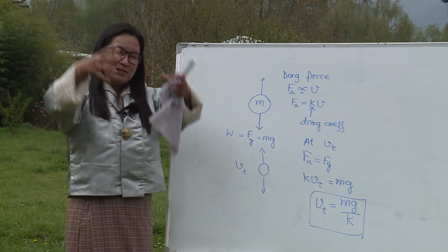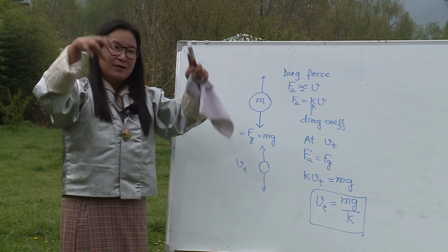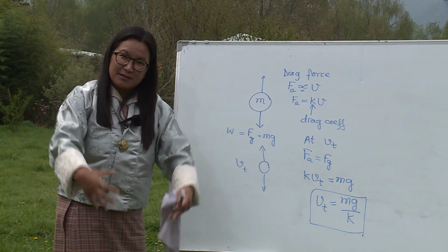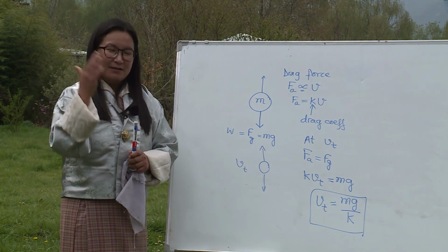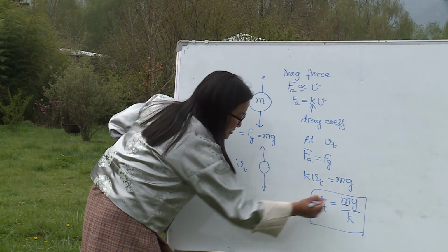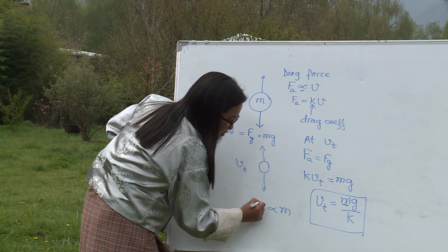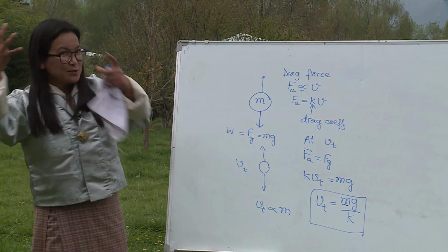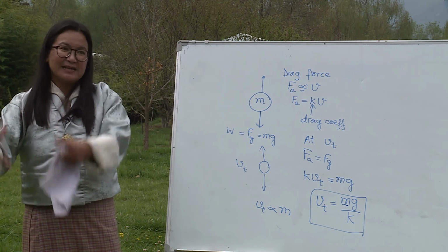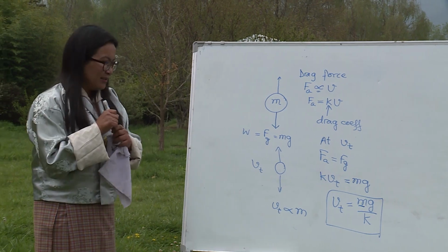If these two balls are dropped from the same height at the same time, which one will reach the ground faster? Definitely it is the metal ball. Why? Because it has a greater mass and it is directly proportional to terminal velocity. So greater mass, greater speed, that is why it will reach the ground faster than the plastic ball.